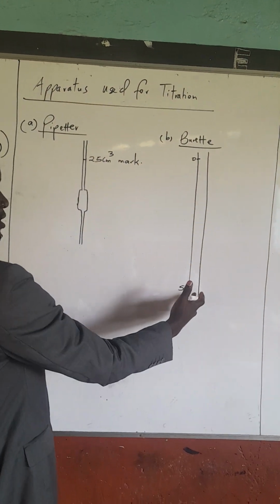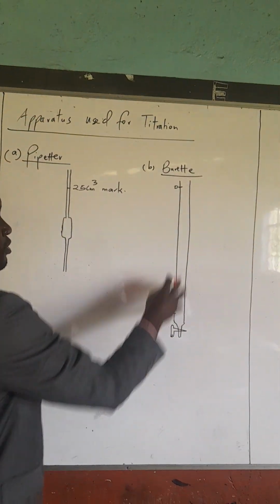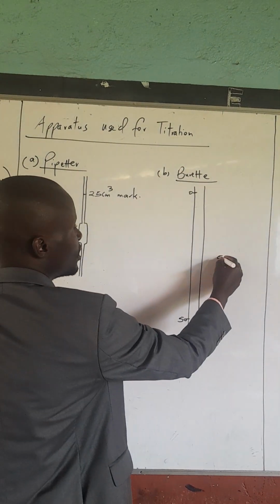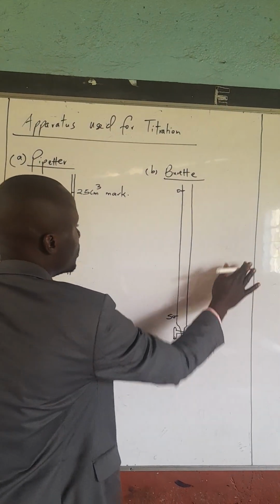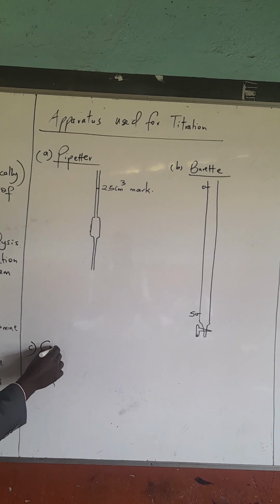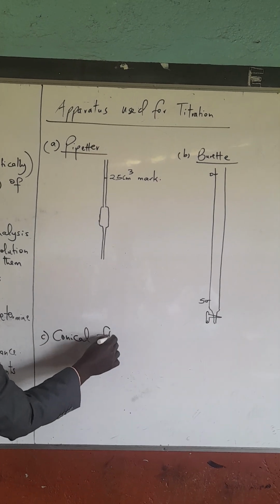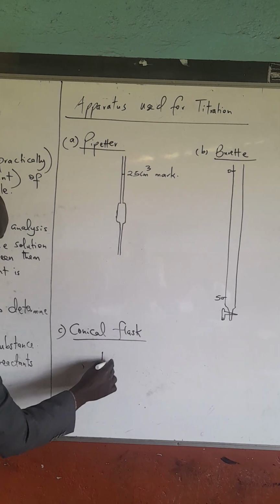So when you fill this burette with a solution up to this point, we say the volume of that solution is 50 cubic centimeters. Okay? And then we have another apparatus called a conical flask. A conical flask looks like this.